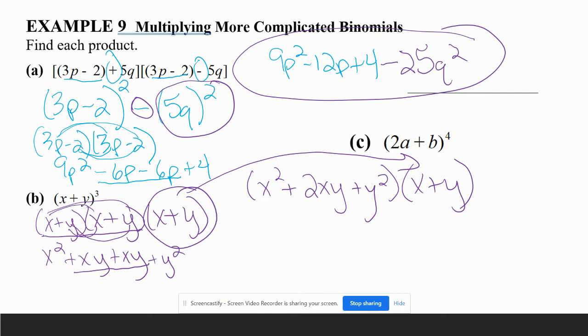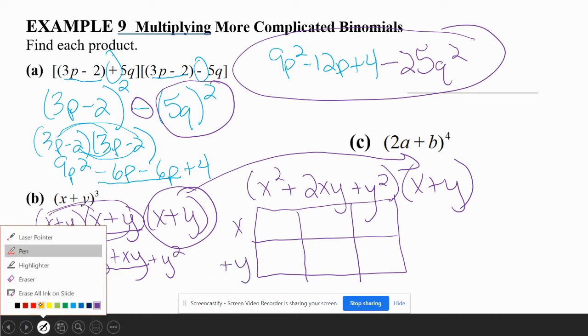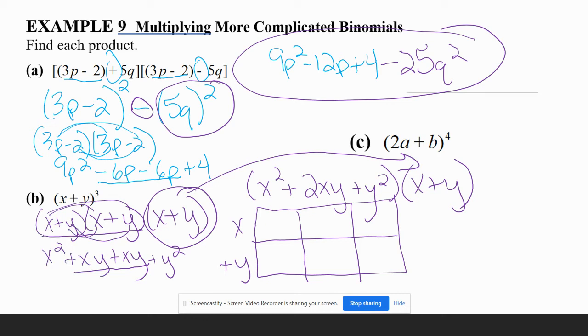For this one, I think I'm going to use that Punnett square method and see if that helps me out a little bit. So this is x times x squared, which is x cubed.